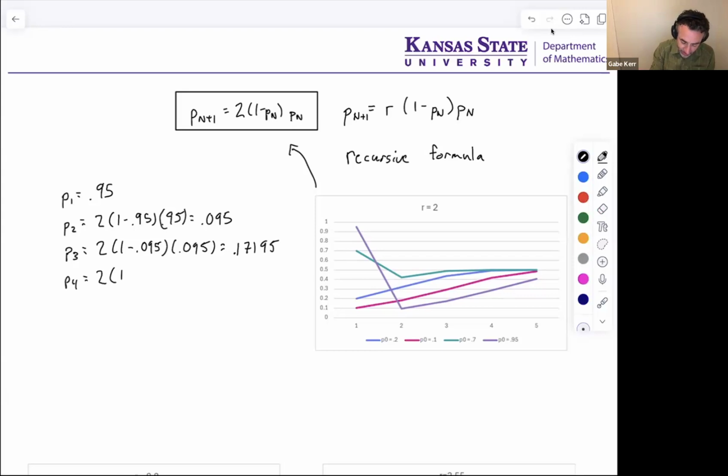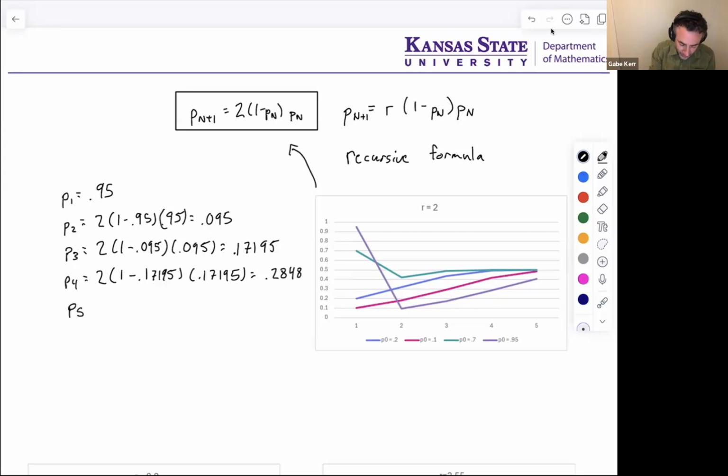It's the same relation you use each time. You're just putting the previous value into that recursive formula. Again, you don't want to do this by hand. It's good to use a calculator here. I'm approximating at each level.